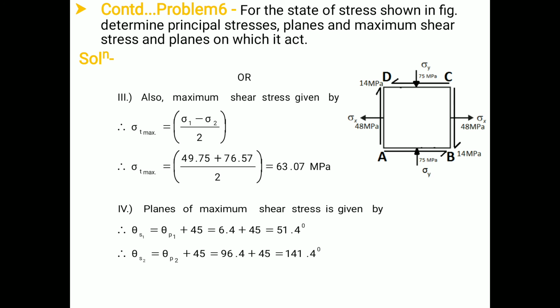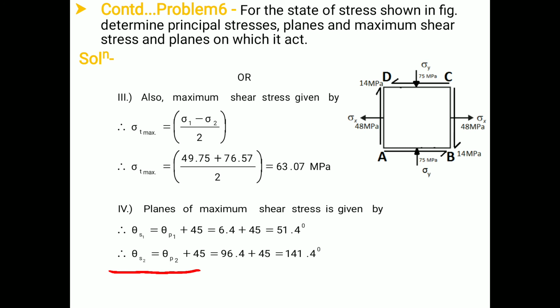Now the plane of maximum shear stress is given by theta s. Remember that the plane of maximum shear stress is denoted by the letter theta s. The first plane, theta s1, is equal to theta p1 plus 45 degree. We have theta p1 as 6.4, plus 45, so it will become 51.4 degree. In the same manner, theta s2 will be theta p2 plus 45 degree.